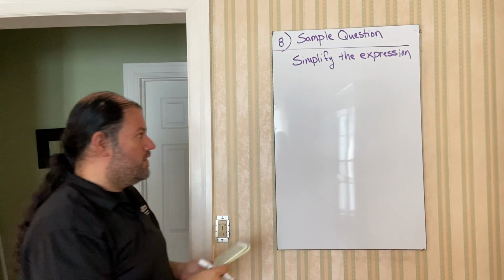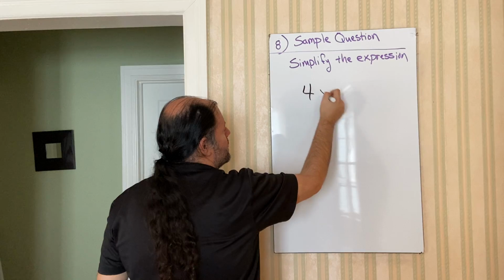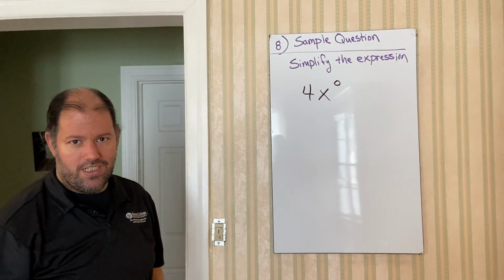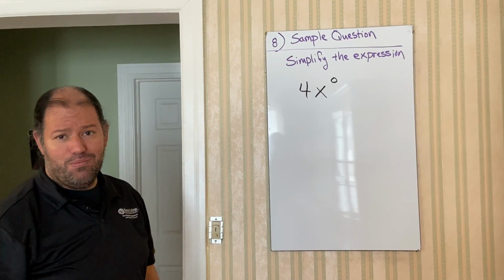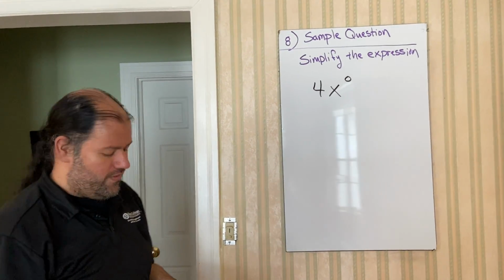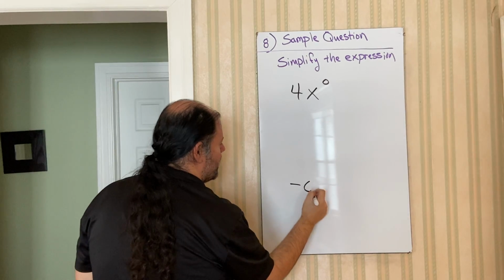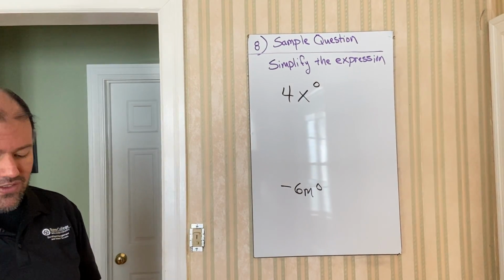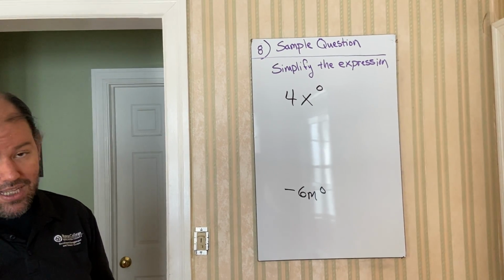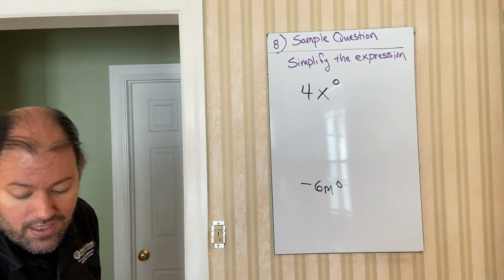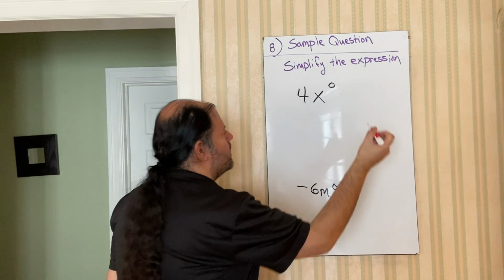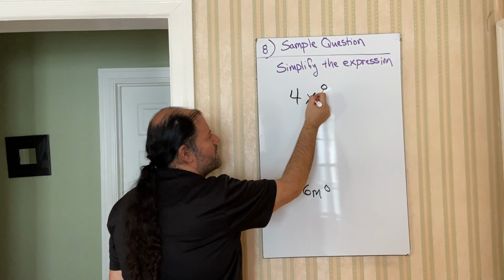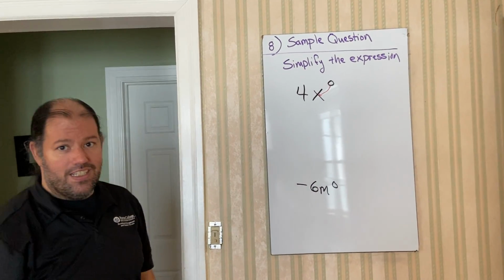Okay? So what happens if it was a positive coefficient? The same rules apply. You ask yourself, and I'll put this up here, we'll do another one, because it's so simple. We ask ourselves, what does that exponent apply to? And if you're not sure, I always said, from the exponent, go forward and see what's the first thing it touches.